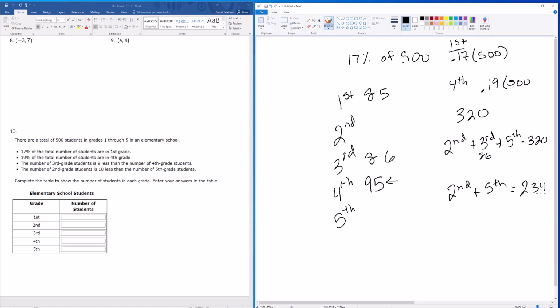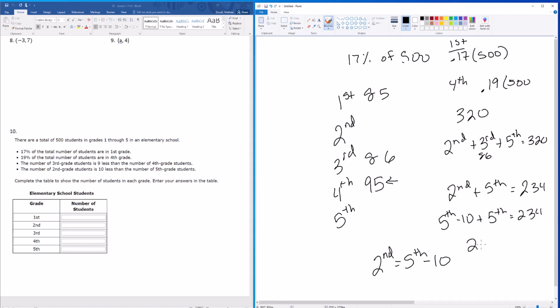Then it says the number of second graders is 10 less than the number of fifth graders. So the number of second graders equals 10 less than the number of fifth graders. So I can replace that. I can say fifth minus 10 plus fifth graders equals 234.